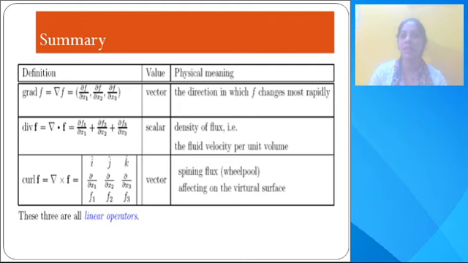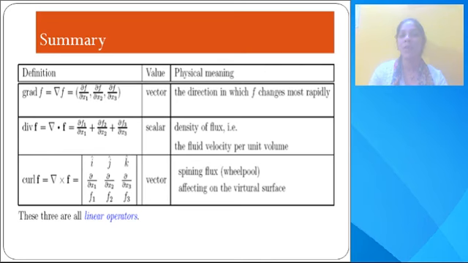gradient, divergence and curl. So in summary, we discussed the gradient, divergence and curl. In case of gradient, we operate del with a scalar field. In case of divergence, we operate del with a vector using the dot product, and in case of curl, we again operate del with a vector quantity but with a cross product.